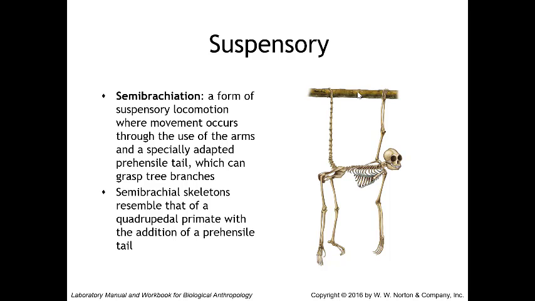They don't have the skeletal adaptations seen in true brachiation, such as that highly mobile shoulder joint. Semi-brachiating skeletons will resemble more that of a quadrupedal primate with the addition of that prehensile tail. We see this only in our New World monkeys: howler monkeys, spider monkeys, woolly monkeys, and capuchin monkeys.